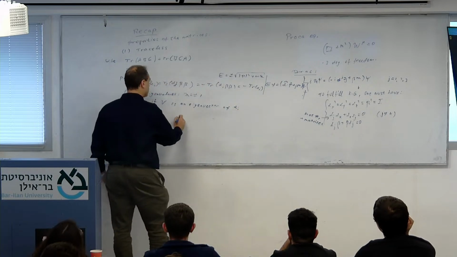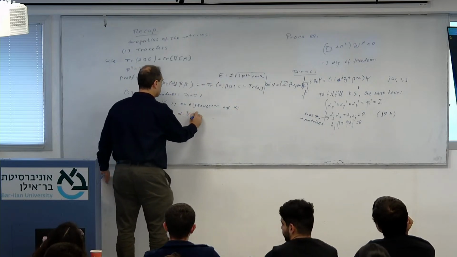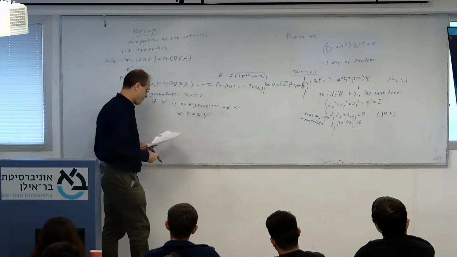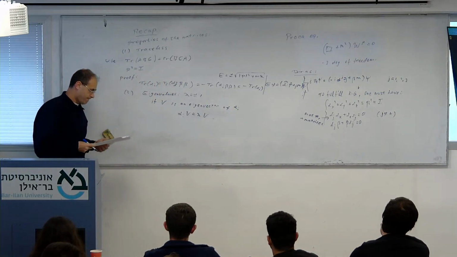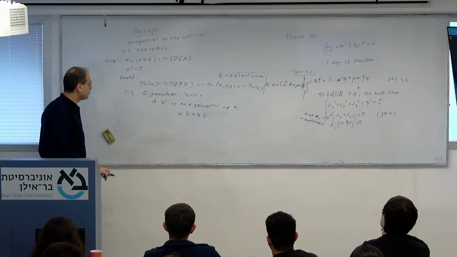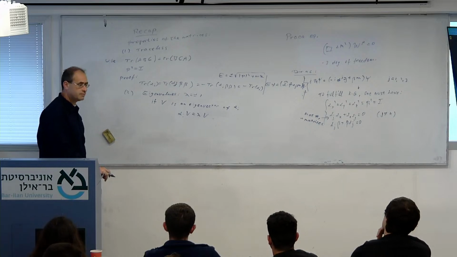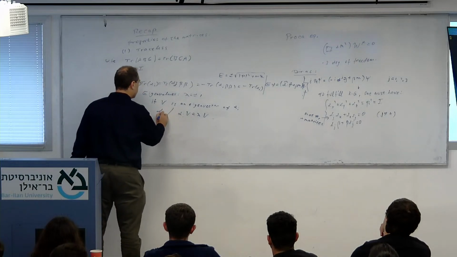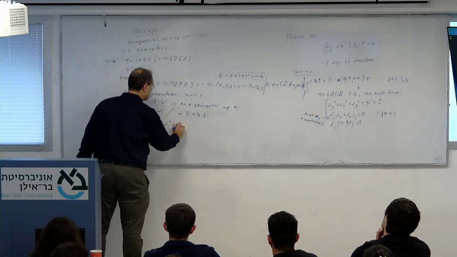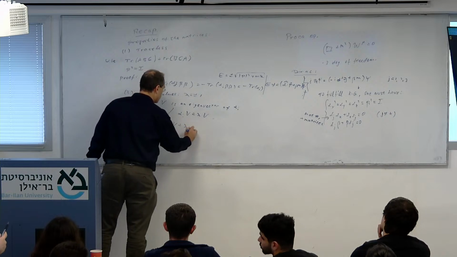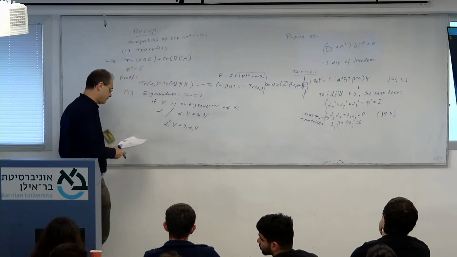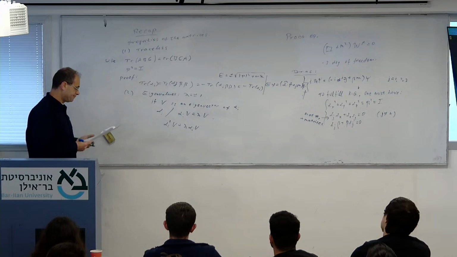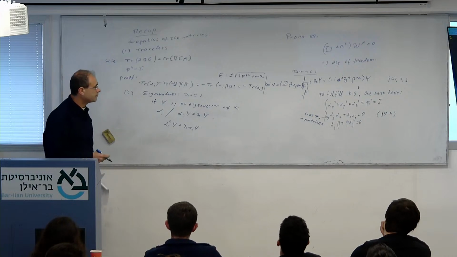We have alpha i V equals lambda V. I can multiply that by alpha i, and have alpha i squared V equals lambda alpha i V. What is alpha i squared?